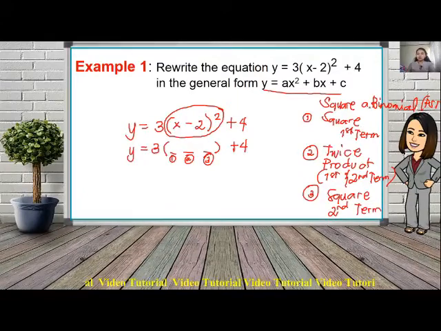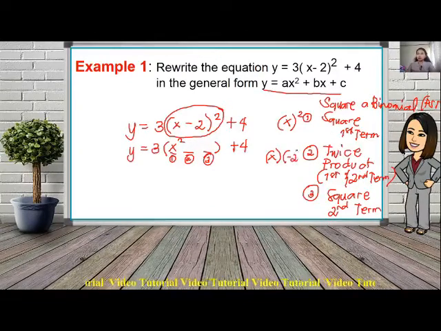Now let us perform squaring of binomial. So first term is x. So as you can see, we have to square the first term. So that is x and then squared, x squared. So for our second term of the trinomial, we have to get twice the product of the first and second term, meaning we have to multiply the first term x and the second term negative 2.